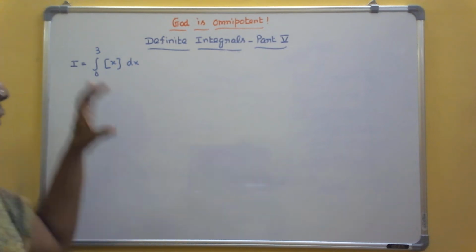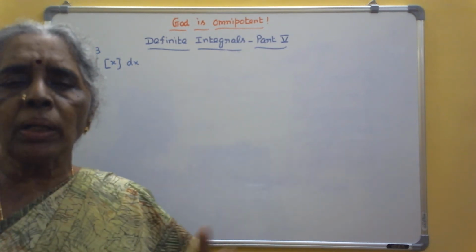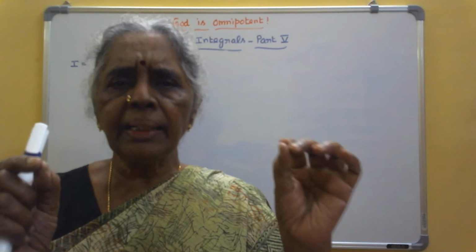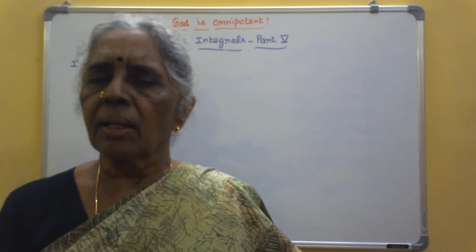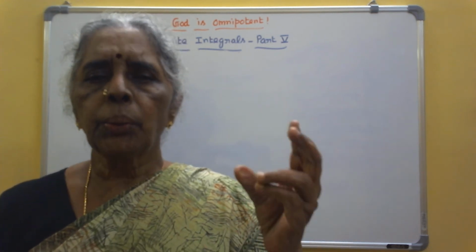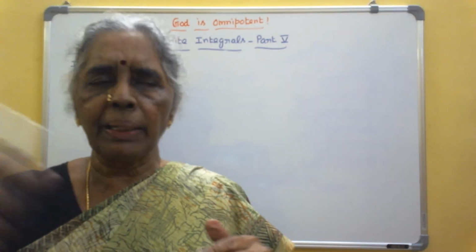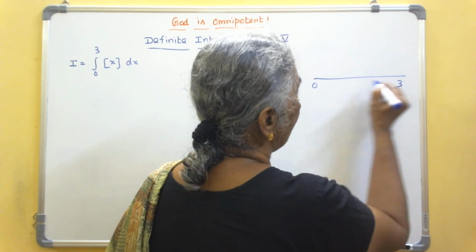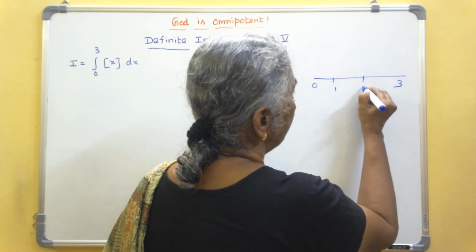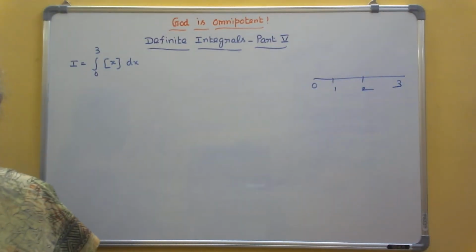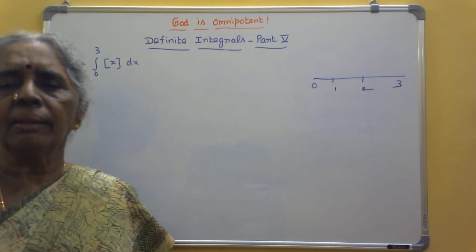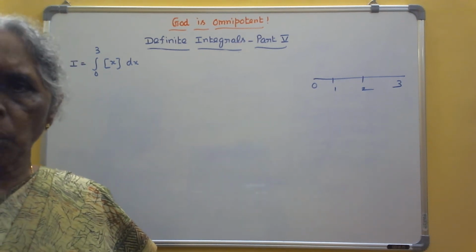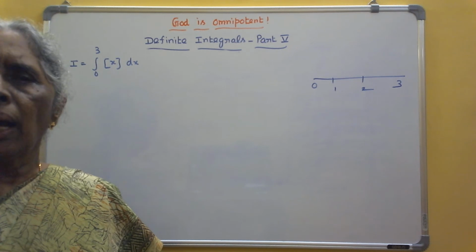From 0 to 3, what are all the possible integral values of x? 0, 1, 2, then 3, that is both the limits. Again, let us go to the number line. This is 0, 3. The integral values possible in between are 1 and 2. That means I will now be getting 3 intervals: 0 to 1, 1 to 2 and 2 to 3.